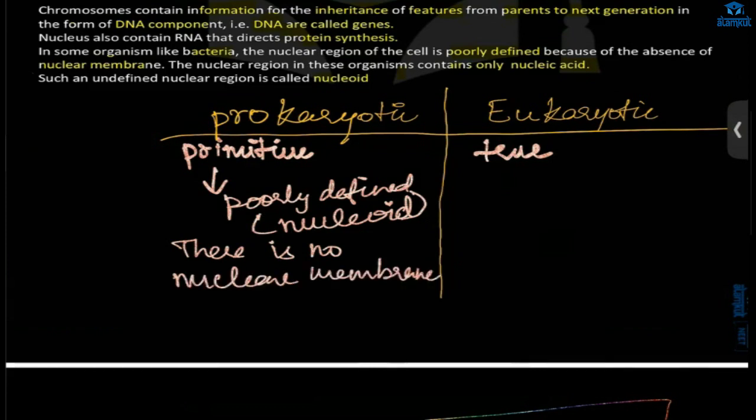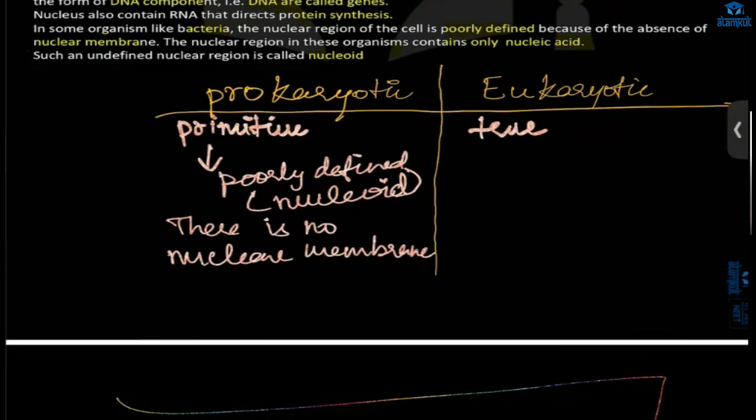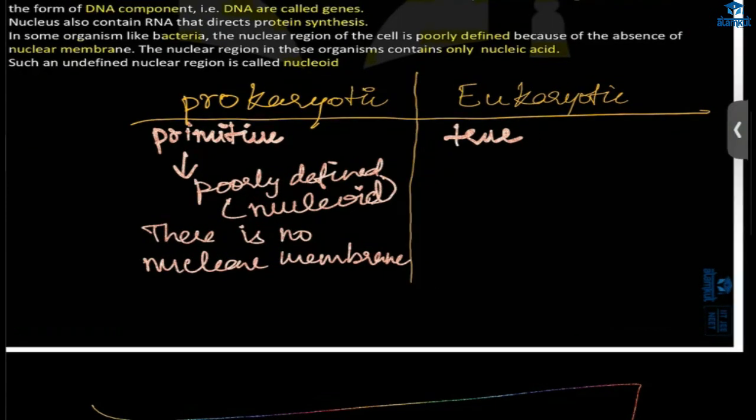One more thing is not there in this case. It does not have chromatin material, there is no nucleolus, and no nucleoplasm. It only has the nucleic acid. In the case of eukaryotes, it has chromatin material, a nucleolus, nucleoplasm, and a nuclear membrane.